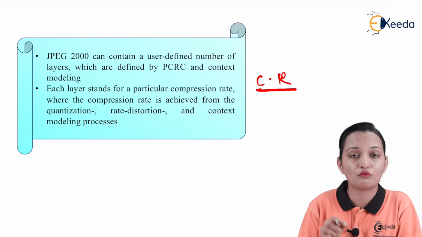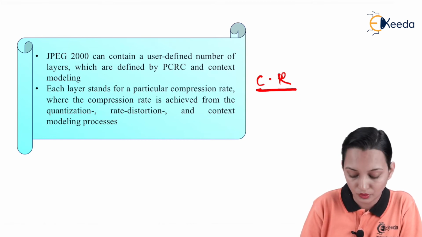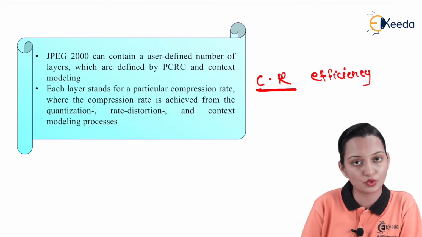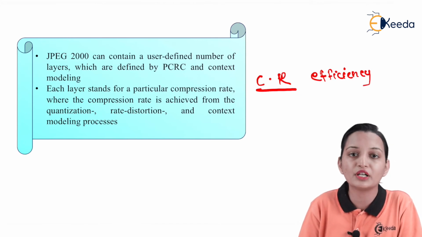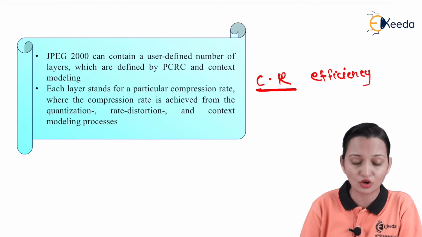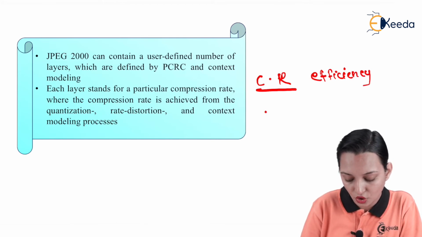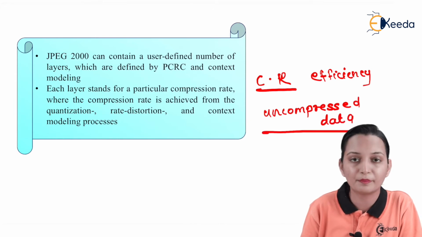The compression rate always plays an important role in efficiency. Why? Because if the compression rate is good, then the efficiency will also be good. So what do we mean by compression rate or compression ratio? It is simply the ratio of uncompressed data to compressed data.